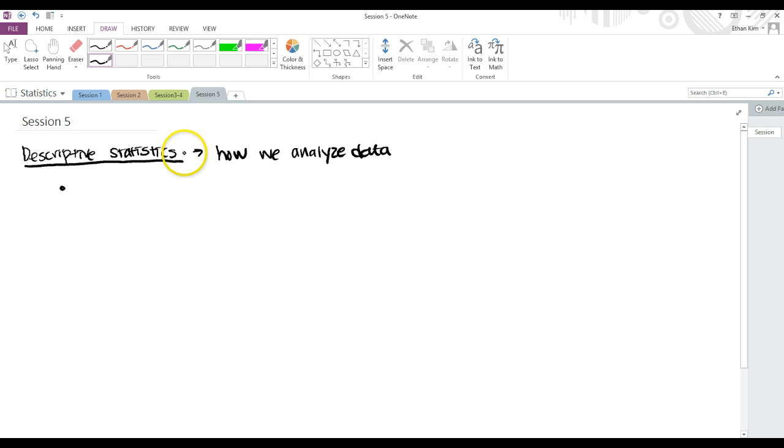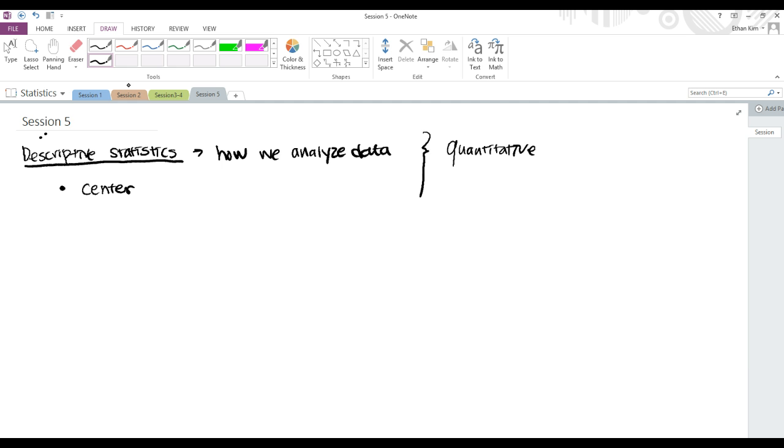First we talk about the center, and of course this is for quantitative data, because we don't know what the center is for qualitative, right?